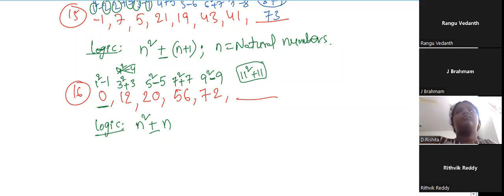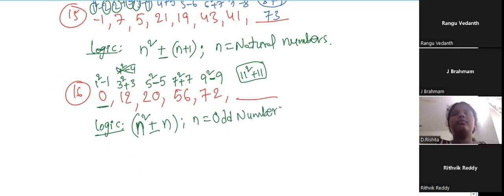If it is 1, 1, 3, 3, 5, 5, 7, 7, it means n square plus or minus n is the pattern, where n is substituted by consecutive odd numbers. Where are plus and minus coming? Alternatively.